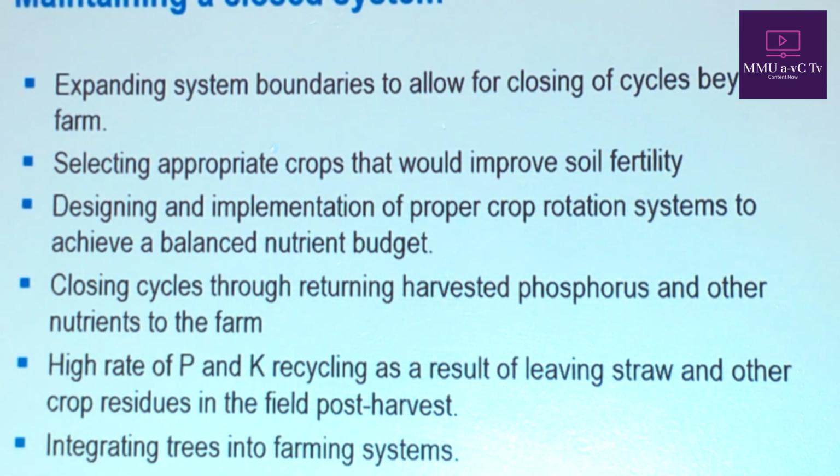We can also expand system boundaries to allow for closing of cycles beyond the farm. So this would require a collaboration between different farms, where one farm, if they have an output or what they would call waste, can be used on another farm.